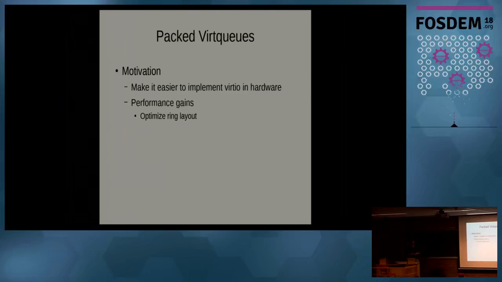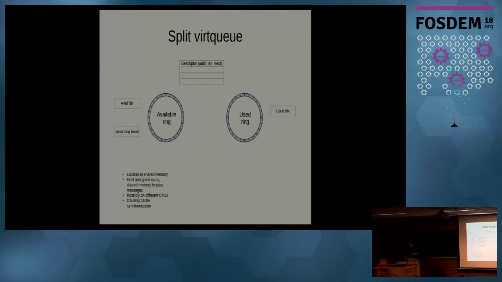So what's the problem with the old way of virtqueues, with split virtqueues? This is what the data structures look like. First, each request is stored in a buffer in memory shared between the driver and the device. The buffer address and length are stored in 16-byte descriptors, and they are stored in a descriptor table.